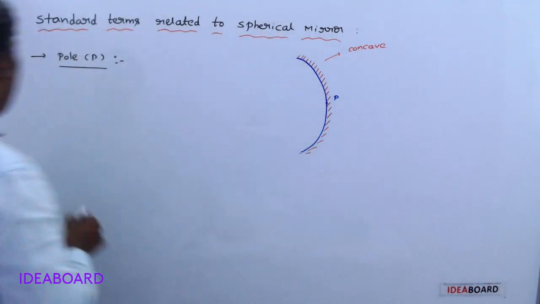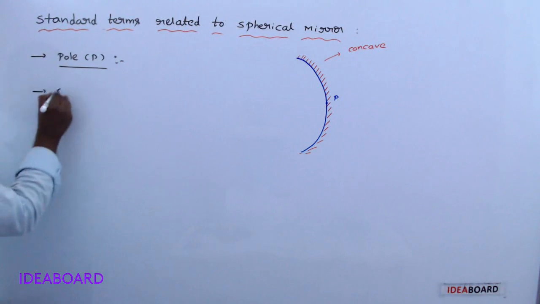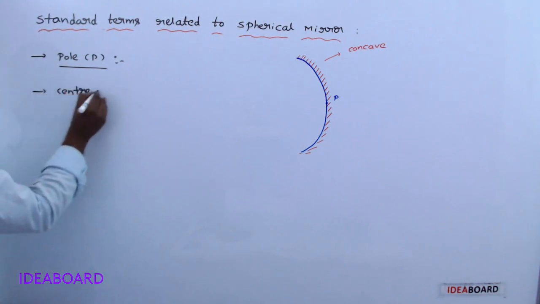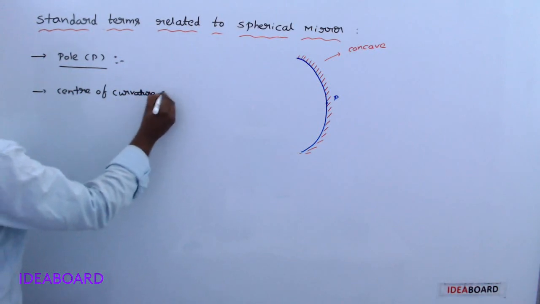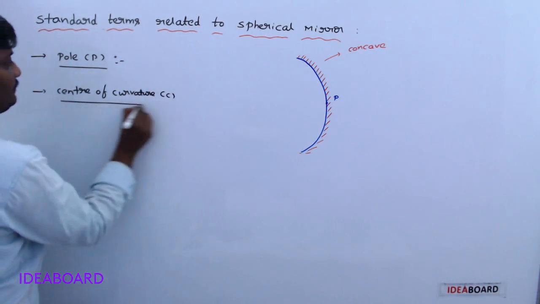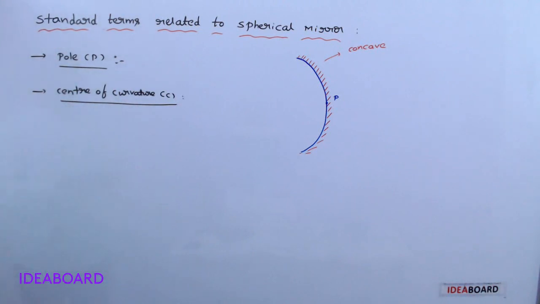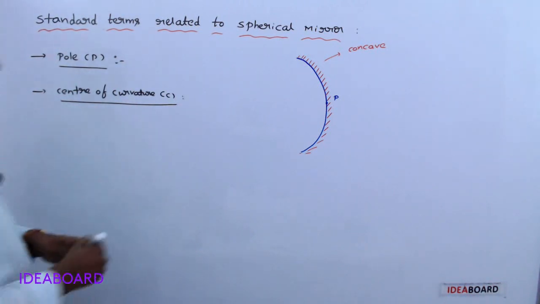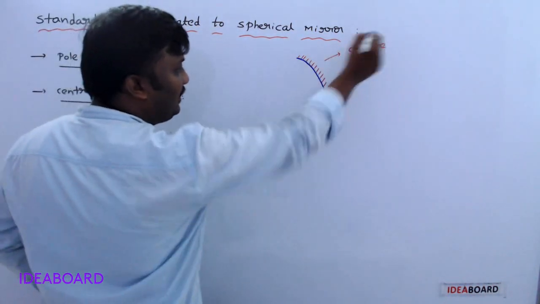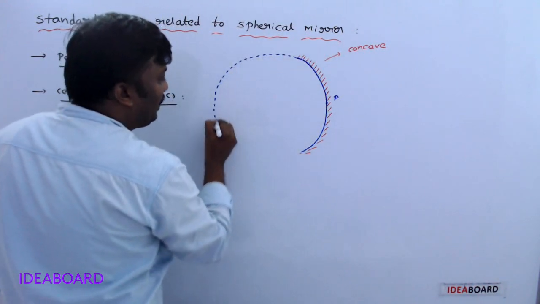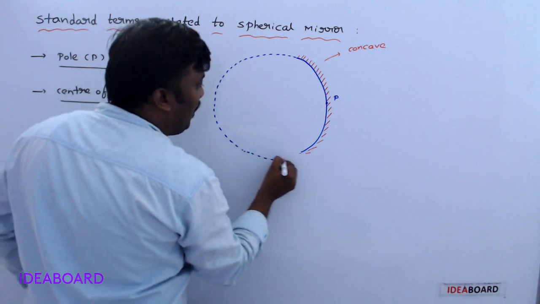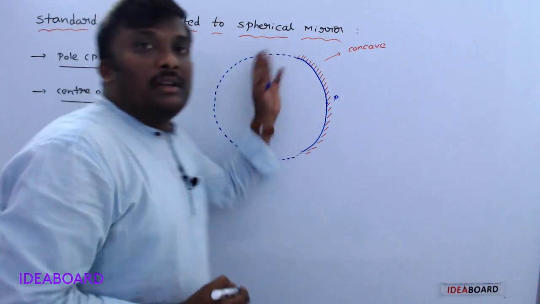Next, the second one is the center of curvature. It is denoted by C. What is the center of curvature? We said a concave mirror or a convex mirror is part of a spherical shell.